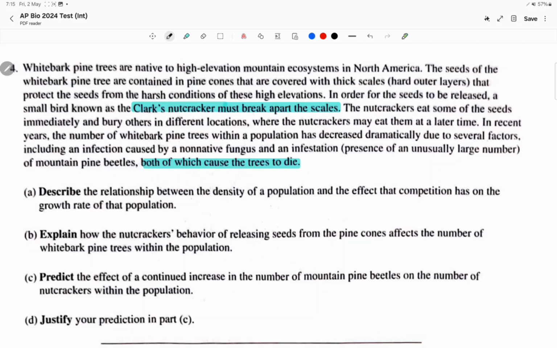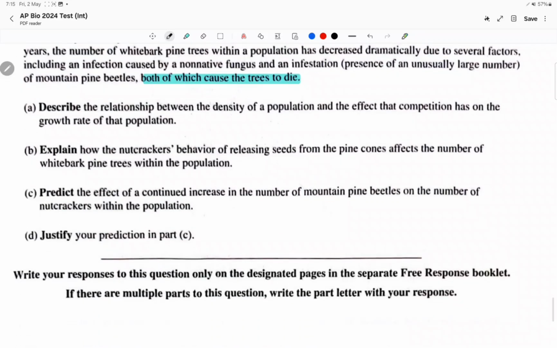If we have more density population, do we have less or more competition? More. Look, if you have more crowdedness, you're gonna have more disease, more competition, and everything else.